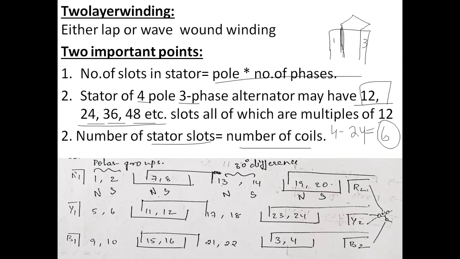Right? So for maximum voltage, what should be the condition? The pole pitch should be equal to the coil span. Okay, so if one side of the coil is in slot 1, the other side should be in slot 7.